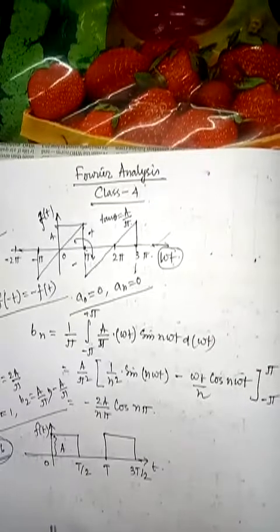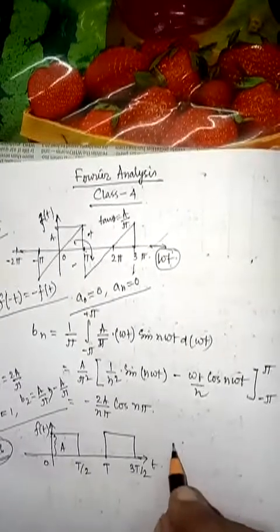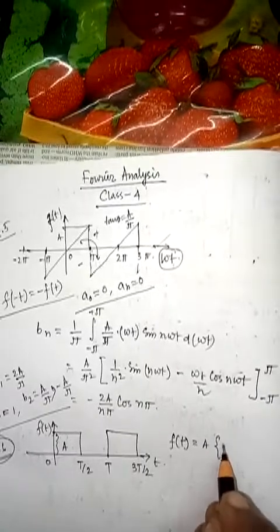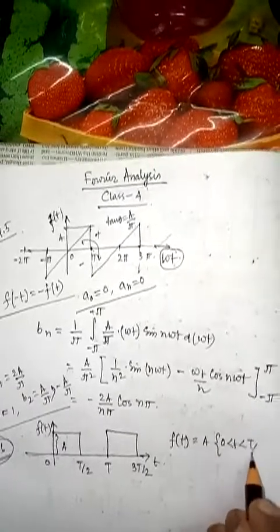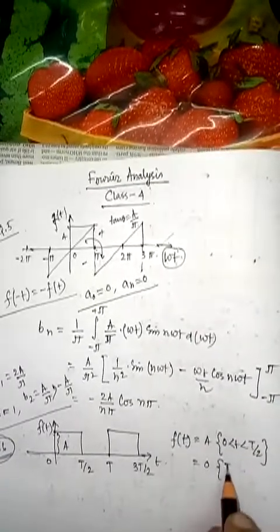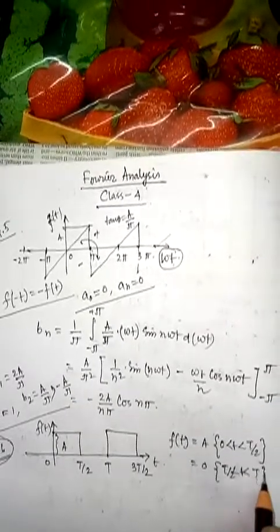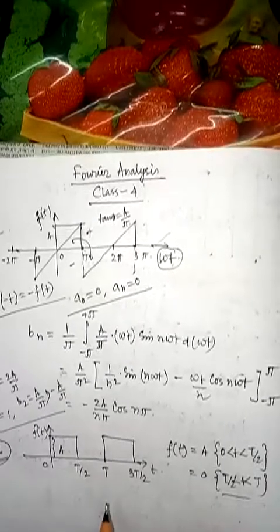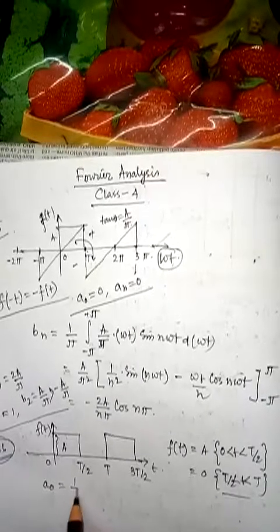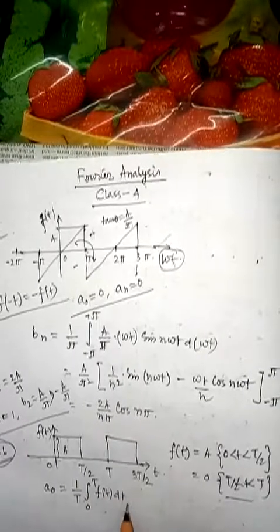First of all, we have to find a0, a1, a2 like this. First you have to write the definition that f of t equals a, while t is ranging from 0 to T half, and otherwise it is 0 for T half to T. If you apply this, what is the value of a0? a0 equals 1 by T integration 0 to T of f of t dt, as I told you in the previous class.